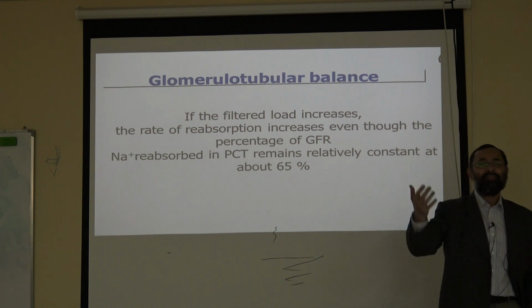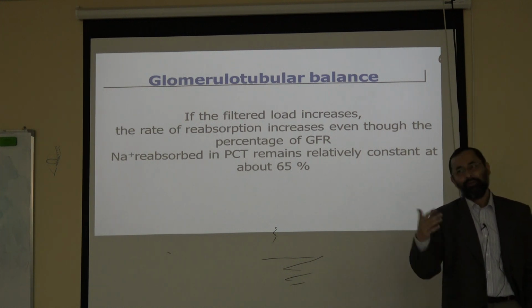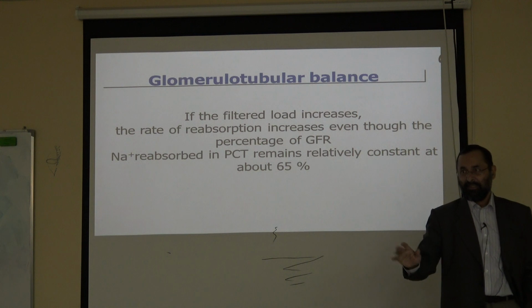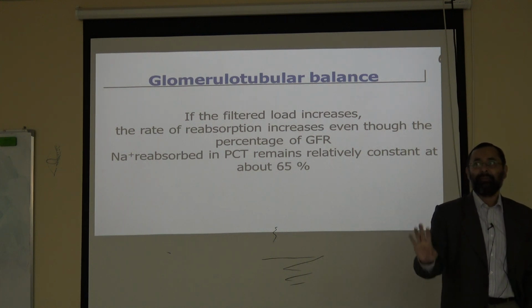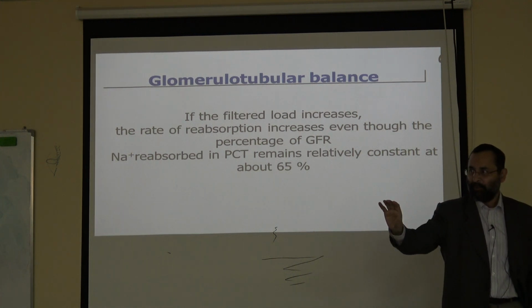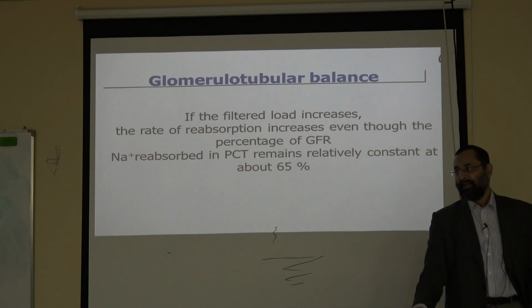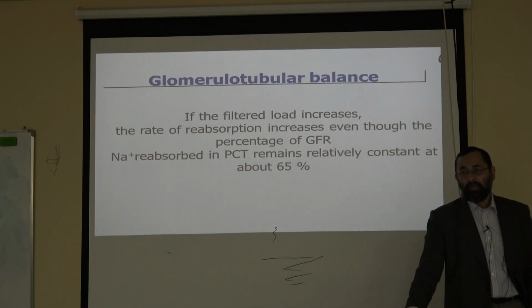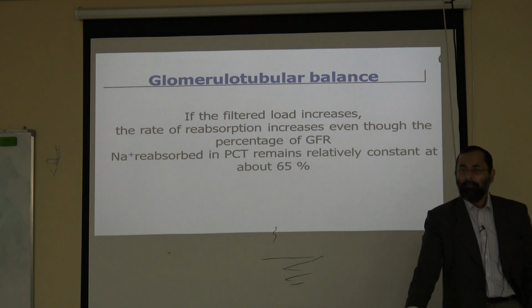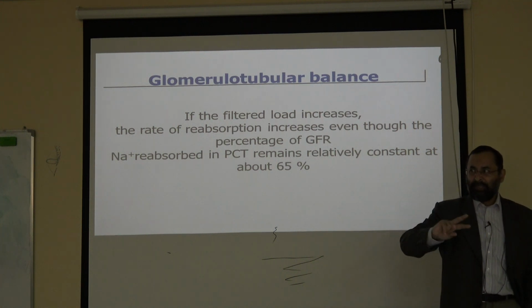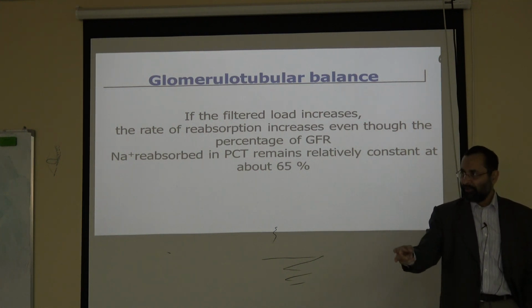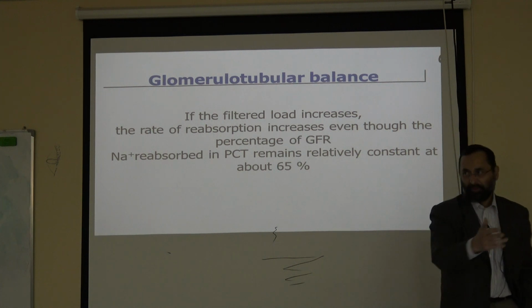So whether you increase the GFR or you decrease the GFR or you keep it normal, it doesn't matter. The percentage of the sodium which is reabsorbed from whatever you are getting in the fluid remains the same. This balance is called glomerular-tubular balance, because this is a work between the glomerular filtration and the tubular reabsorption which is happening.